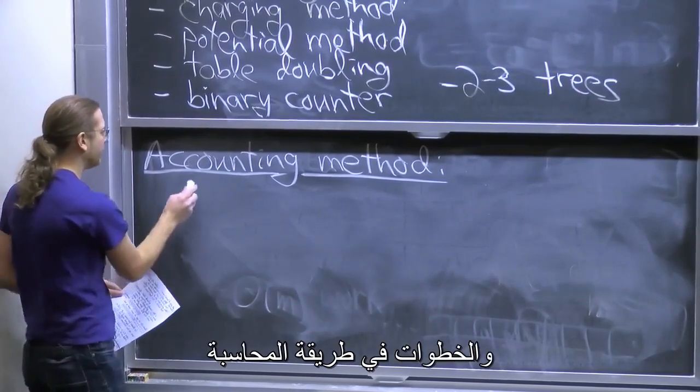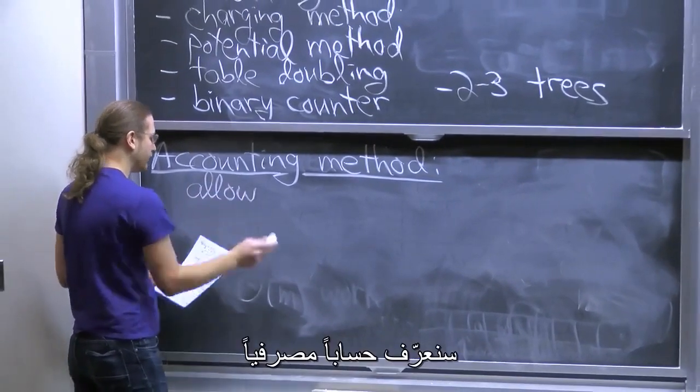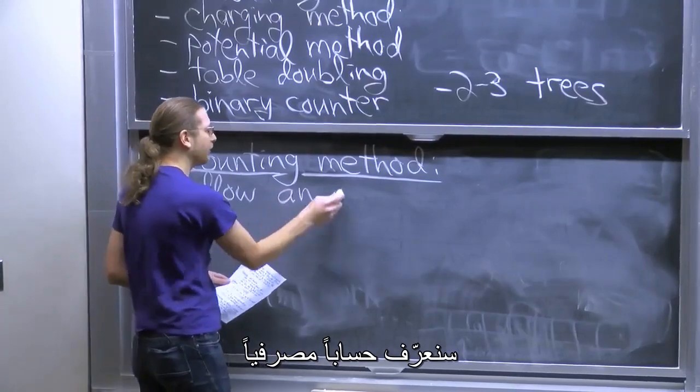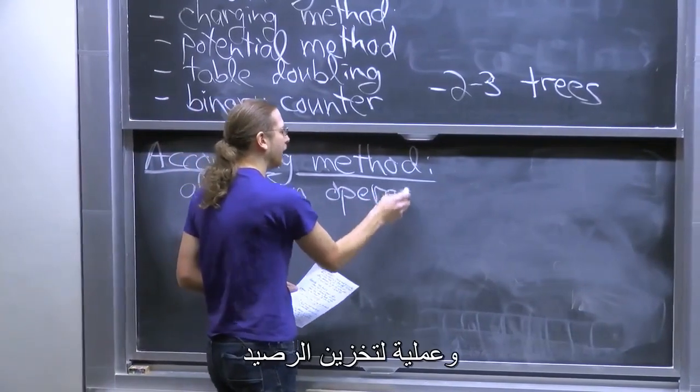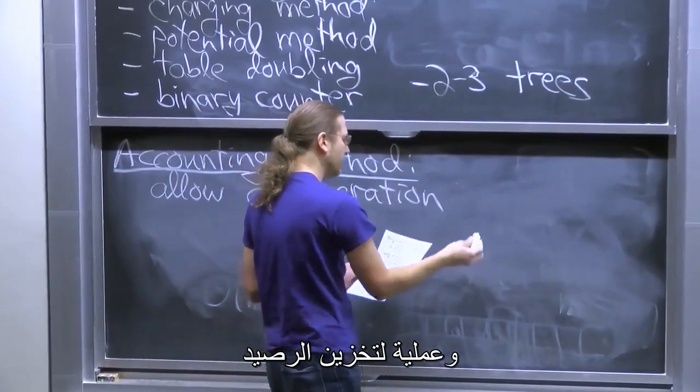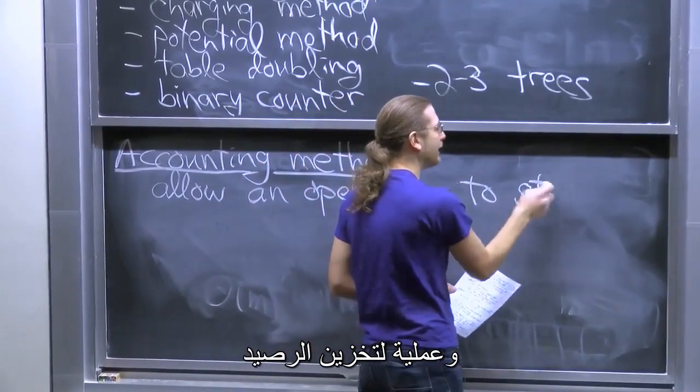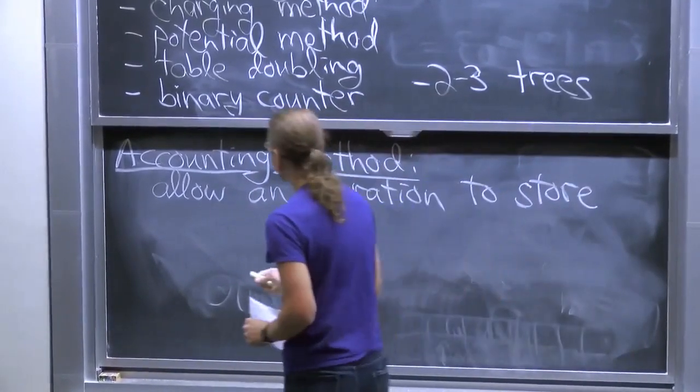So with the accounting method, what we're going to do is define a bank account and an operation can store credit in that bank account.